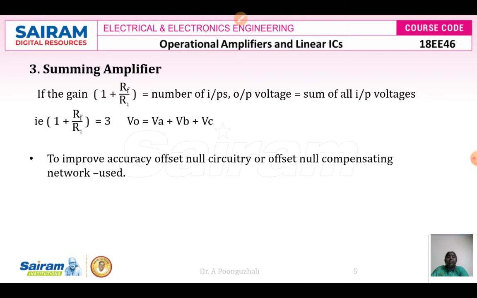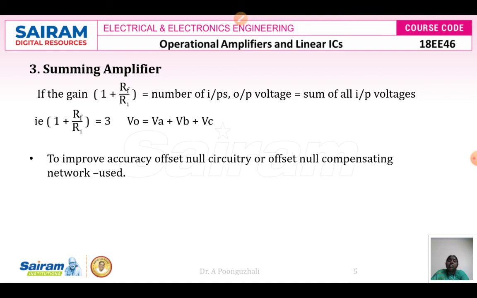Next, we are going to see the summing amplifier. A summing amplifier is nothing but, if the gain 1 plus Rf by R1 is going to be the number of inputs, then I can write my output voltage to be the sum of all the input voltages. So here we know that if I take 1 plus Rf by R1 as the number of inputs, 3, then 3 into VA by 3 plus VB by 3 plus VC by 3.